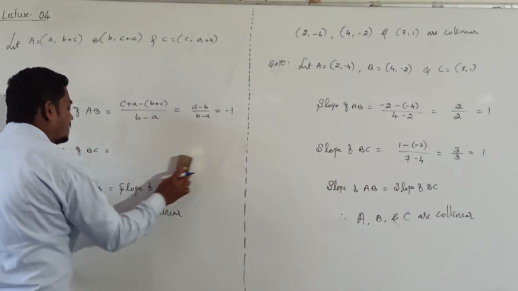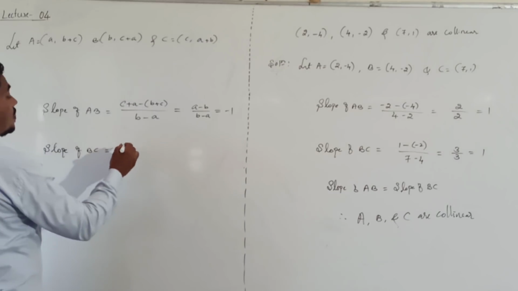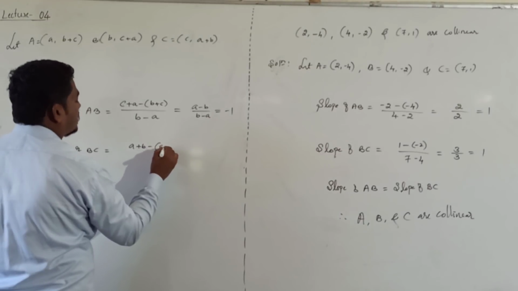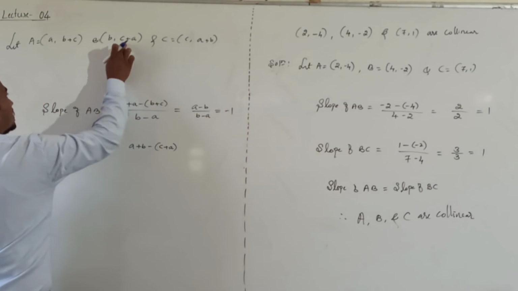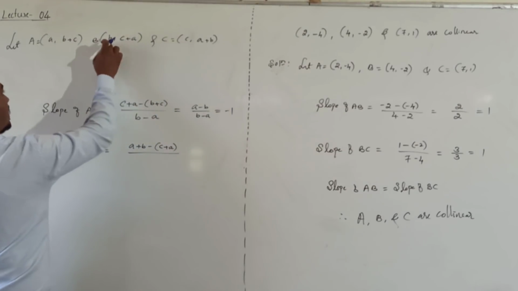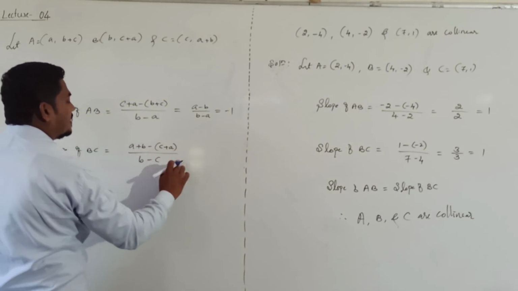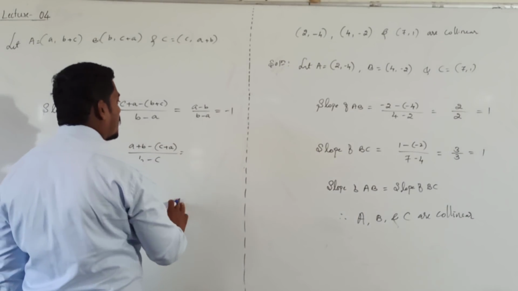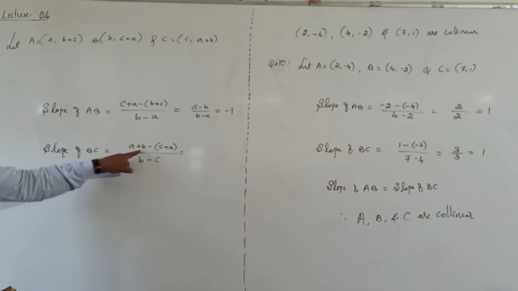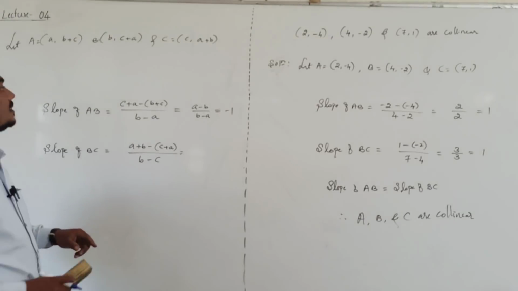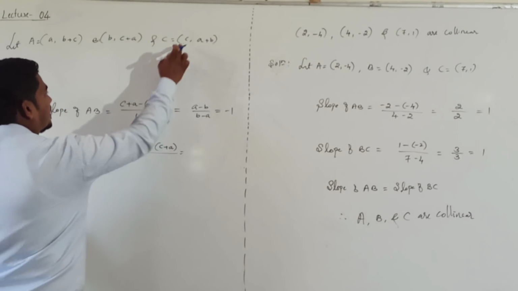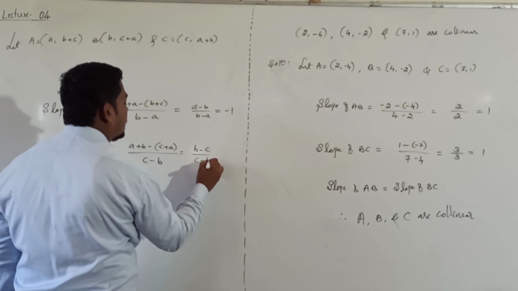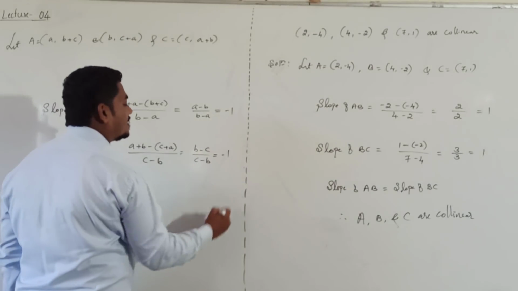Then what about slope of BC? Slope of BC is equal to y2 minus y1, that is A plus B minus of C plus A, divided by x2 minus x1, that is B minus C, that's equal to, if you simplify, minus A plus A gets cancelled, minus C plus B, sorry it is B minus C divided by C minus B. If you take the negative sign common, then lastly we get minus 1.